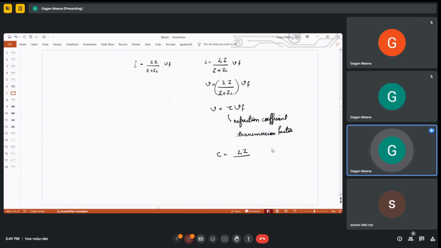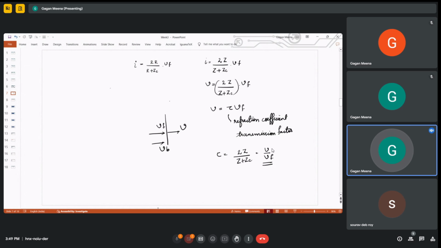So tau comes out to be 2Z divided by Z plus ZC, which is equal to V by VF. How much is transmitted? Here this is VF, out of which V is transmitted, and we have V backward. So here we have transmission.